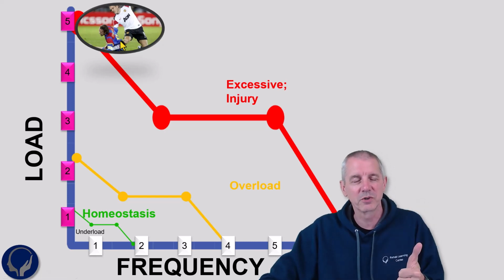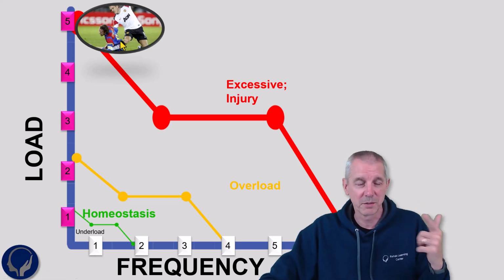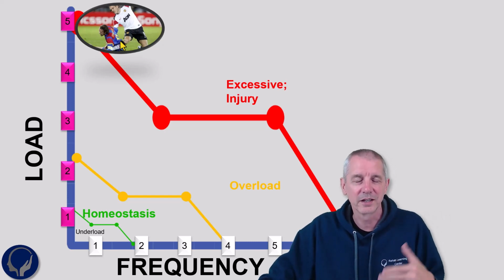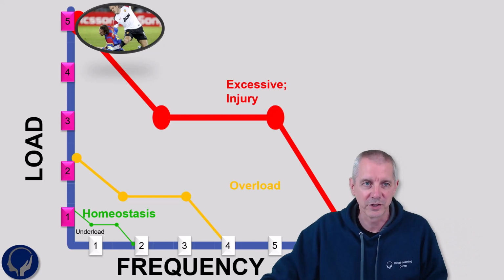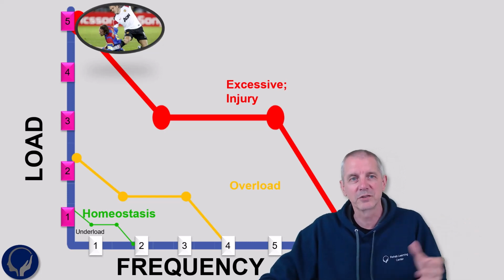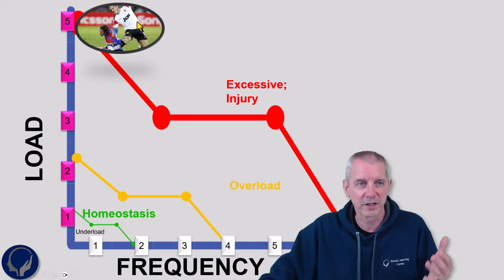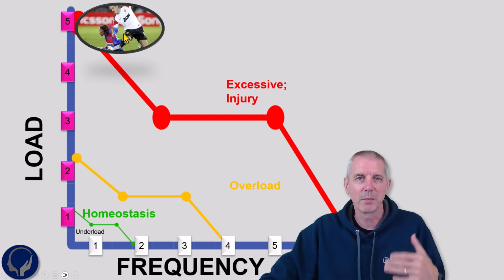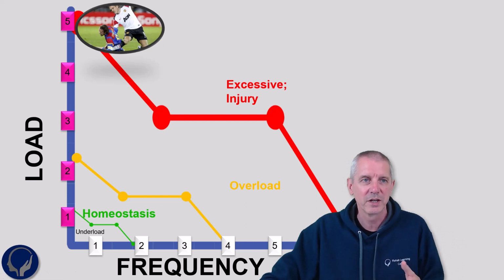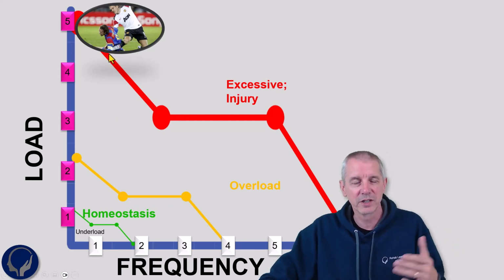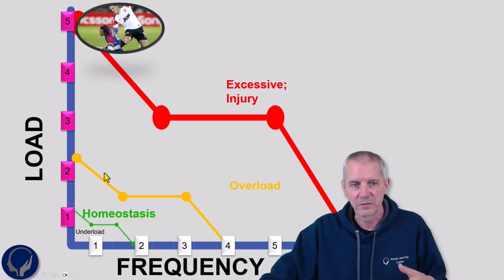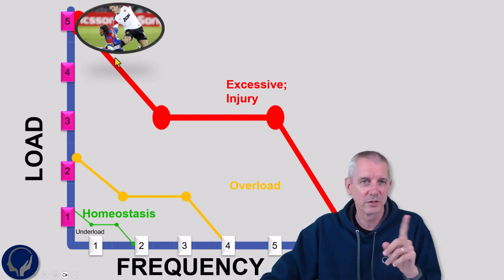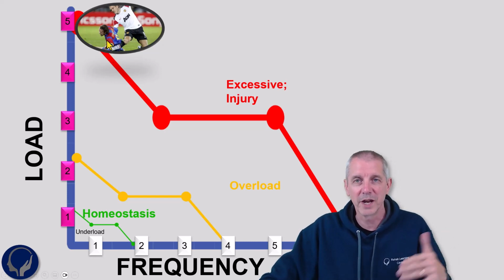The magnitude is really high, the direction is in a bad direction, and the timing is very quick. That leads to a macrotraumatic injury. So high magnitude, very quick, one-time event, that would be a macrotraumatic episode. It only happened 1 time, so it's only one level of frequency, but the magnitude is the issue.